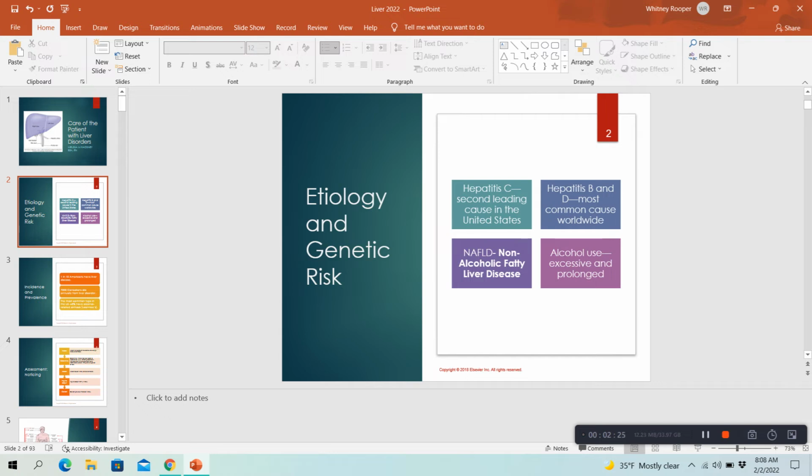Our etiology and genetic risk factors. We have hepatitis C, right? We all did our presentations. It is the second leading cause in the United States. Hepatitis B and D are the most common causes worldwide for liver disorders. You have non-alcoholic fatty liver disease and excessive use of alcohol.